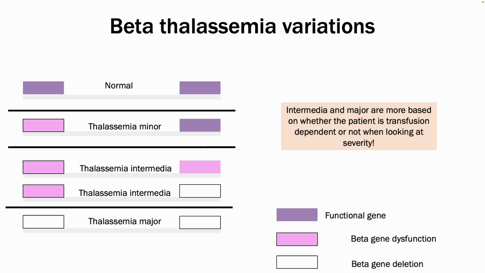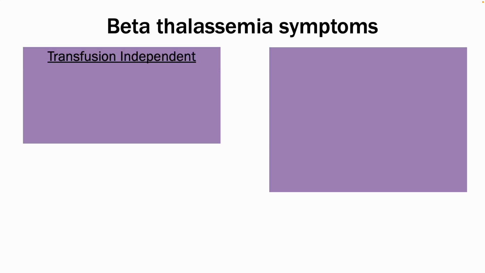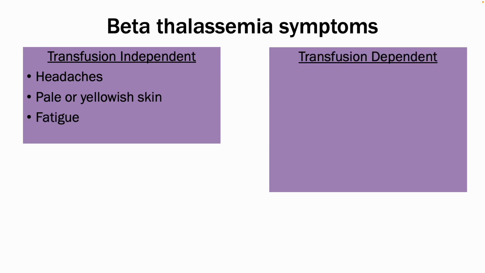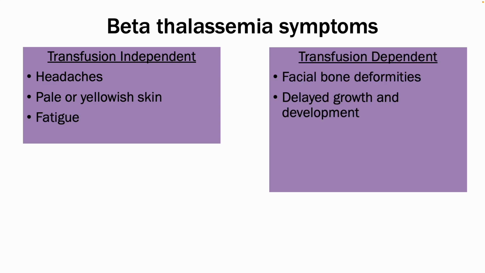However, I think it is important to know the different options, particularly for exam purposes. For transfusion-independent patients, you would see things like headaches, pale or yellowish skin, or fatigue, whereas transfusion-dependent patients would see facial bone deformities, delayed growth and development, dark urine, splenomegaly, and possibly osteoporosis.